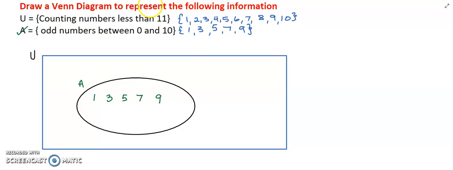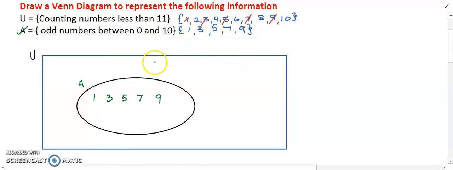My suggestion to you would be to cross them off. So we already have 1, we already have 3, we already have 5, we already have 7, and we already have 9. So all we have to look at now is what are the members of the universal set that were not in set A, and we now have to put them on the outside of A, but still within the universal set.